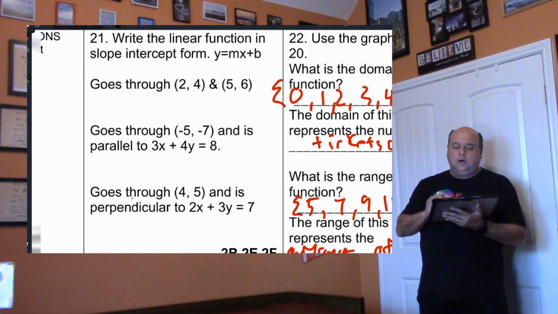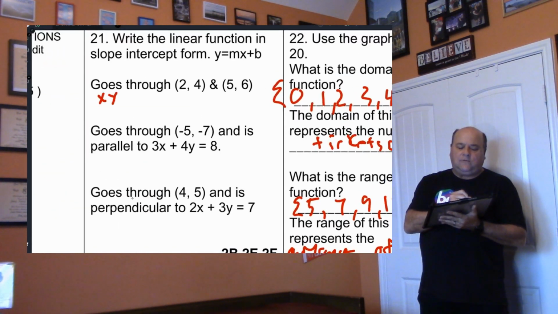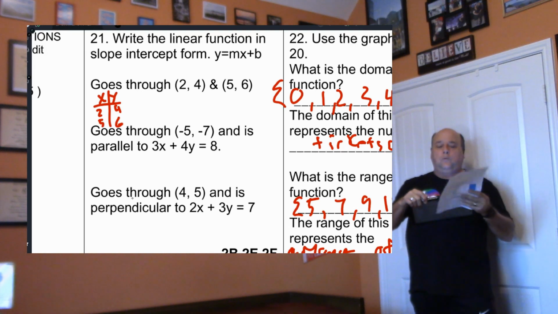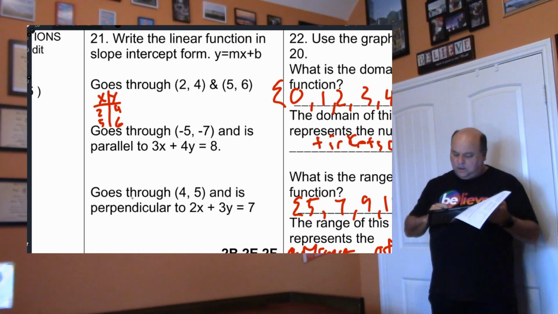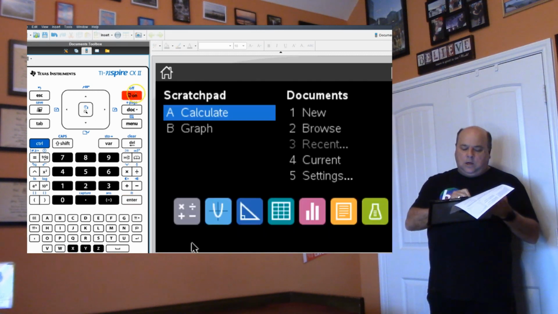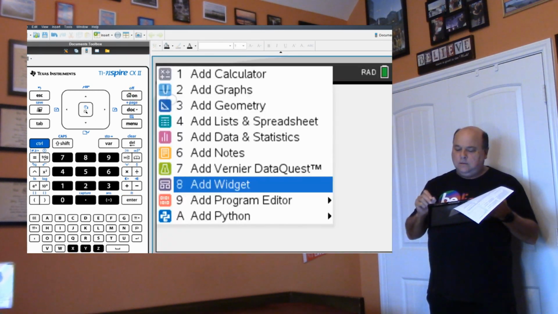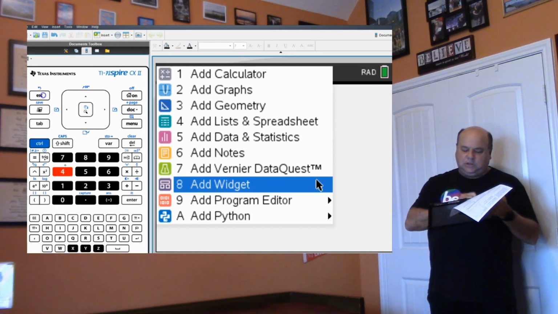Go into the next problem, okay? On this right here, we're going to make a T-chart. So we have our X and our Y, and it's 2 and 4 and 5 and 6. Okay, so we're going to put this into the calculator. We're going to run a regression. So get your calculator, hit home. We're going to add a spreadsheet. Don't save anything. Add a spreadsheet, which is 4.